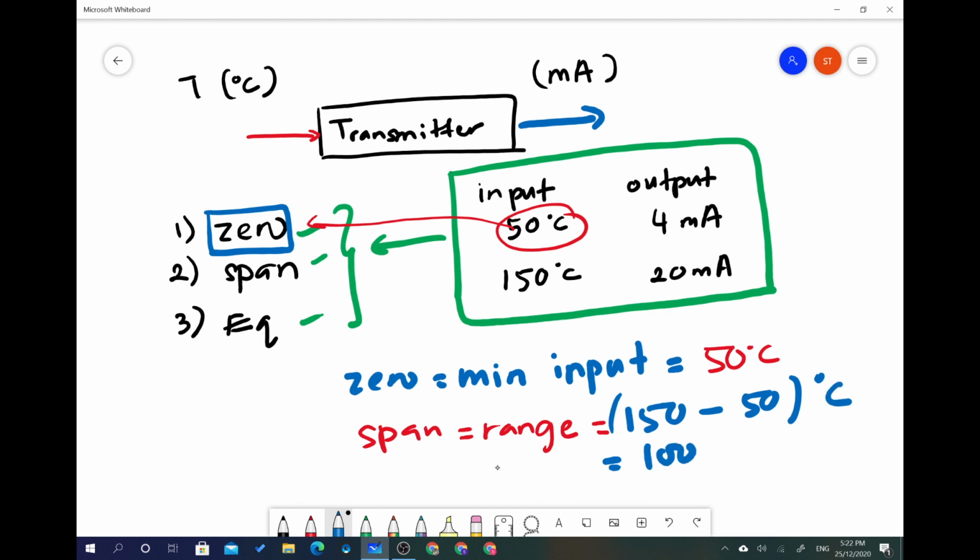We have 100 degrees C. So the zero is 50 and the span is 100. I hope you get the idea. It's just the definition like that. And I did prepare an exercise for you. Later on, you can try.